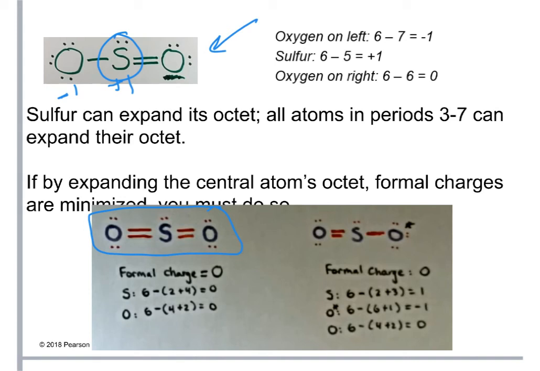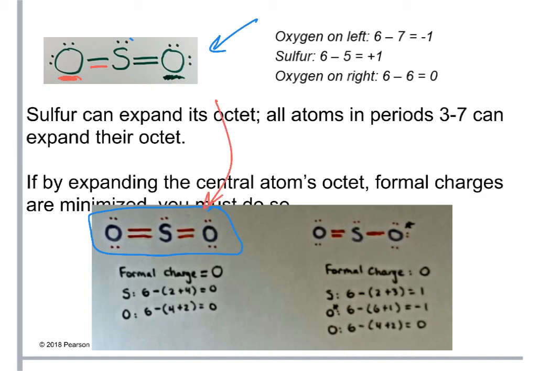So let's play with that idea. All right, let's see if we take another non-bonding pair from the other oxygen and we use it to make another double bond.